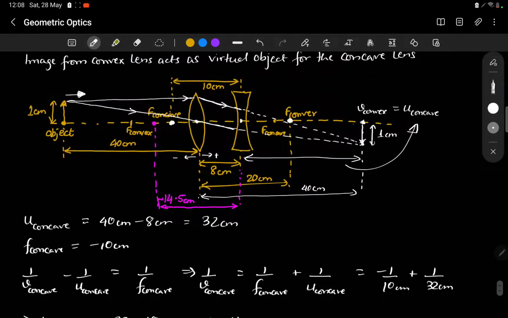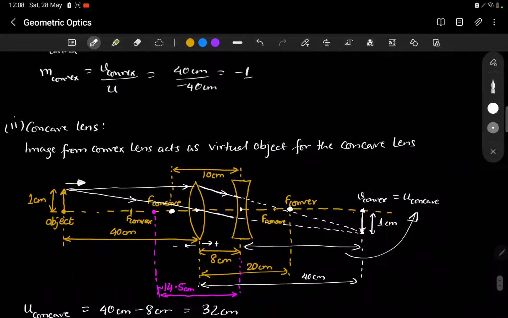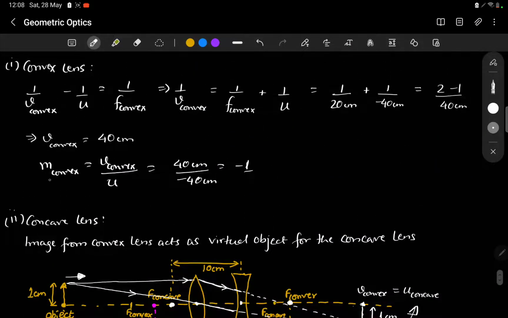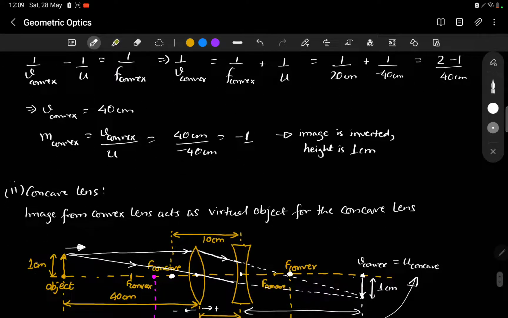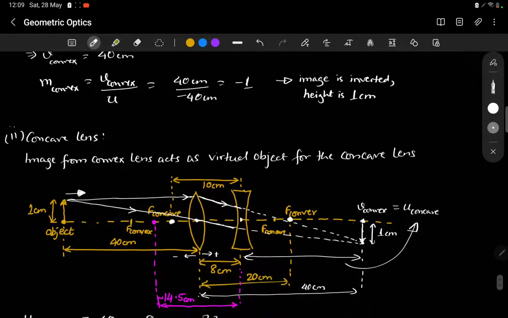Now the image from the convex lens, magnification of the convex lens was -1. This means that the image is going to be inverted, and the height of the image is same as 1 centimeter, because the magnitude is 1, just inversion is happening, and we had the object height as 1 centimeter.